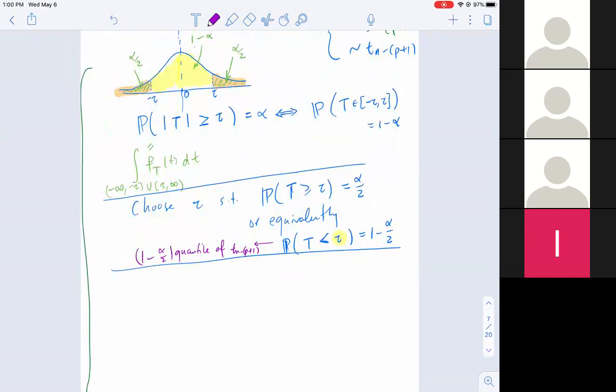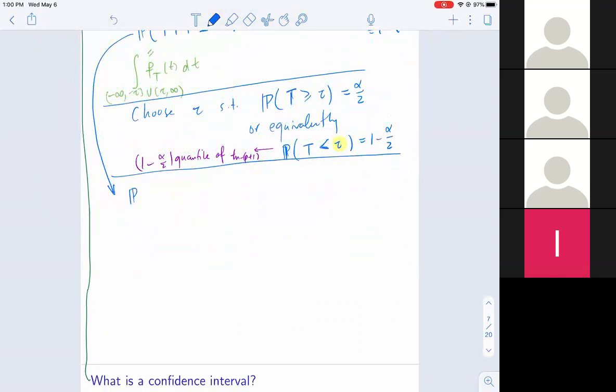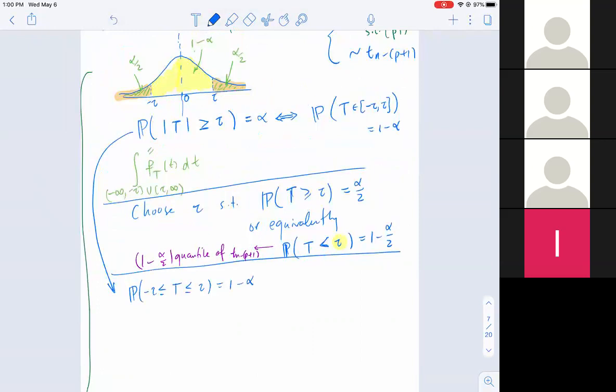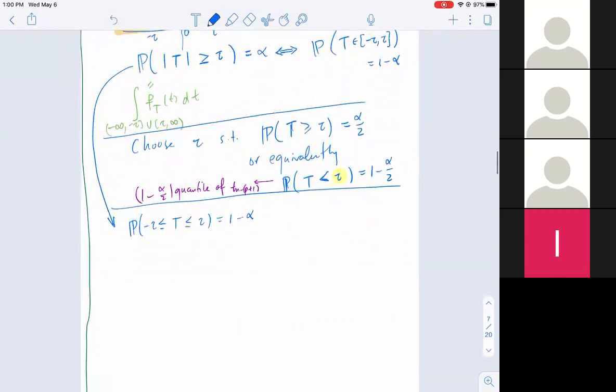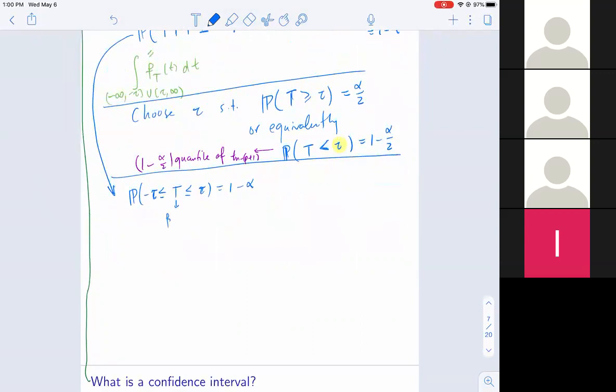So now what I would do is expand this. I know that the probability that t is in negative tau to tau is 1 minus alpha from this part. And I also know that t is beta hat i minus beta i divided by the standard error of beta hat i.